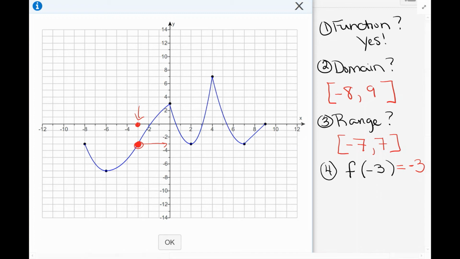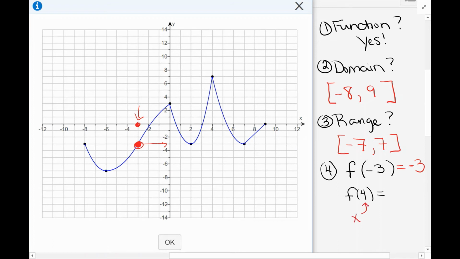Let's do another example. Let's find f of 4. So this tells me that my x value is 4.